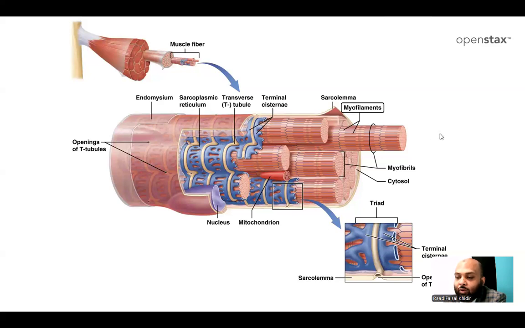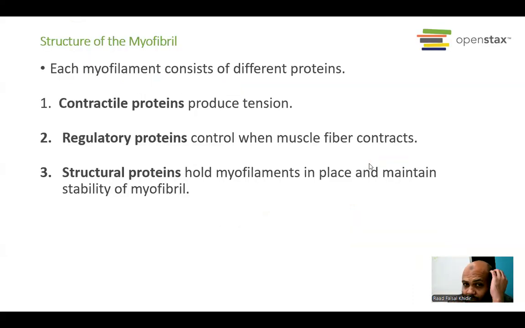The myofilaments make up a myofibril, and many myofibrils encapsulated with the sarcolemma and then with additional endomysium, that's going to be your muscle fiber. So each myofilament consists of different proteins. There are contractile proteins, proteins that are actually engaged in the process of contraction.